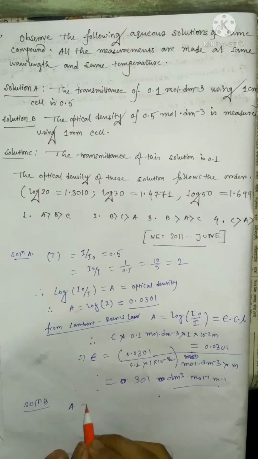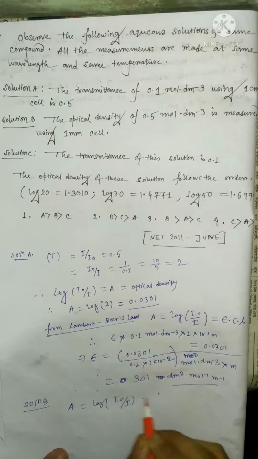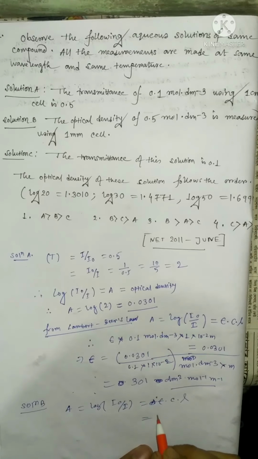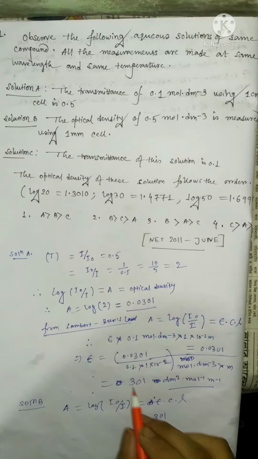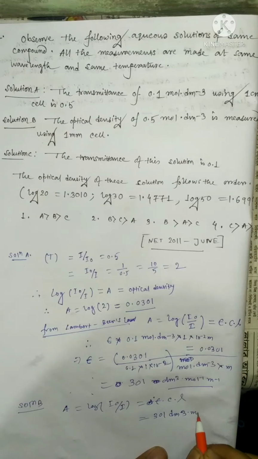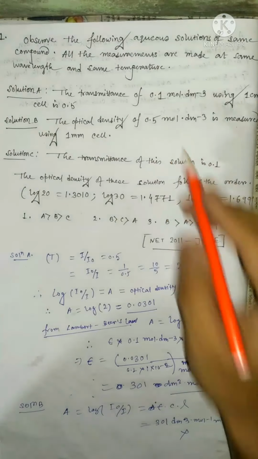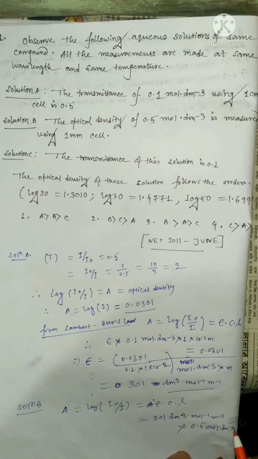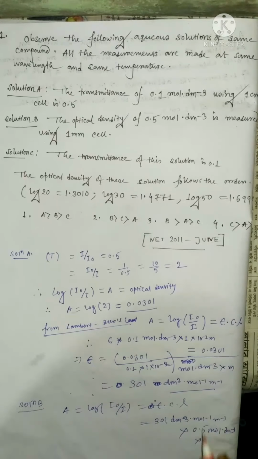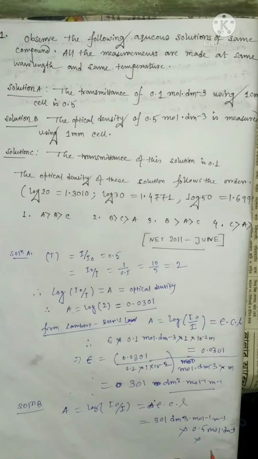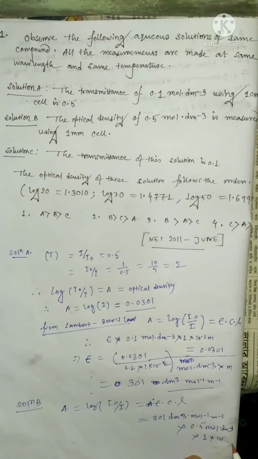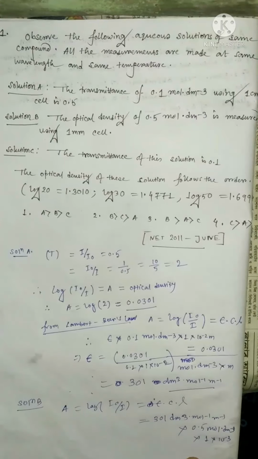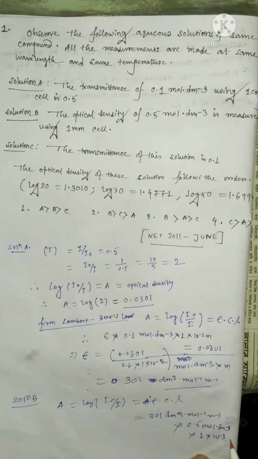Optical density means A equals log I0 by I equals epsilon C L. The epsilon value is 301 decimeter cube mole inverse meter inverse, into concentration 0.5 mole per decimeter cube, and cell length 1 millimeter, which is 10 to the power minus 3 meter.